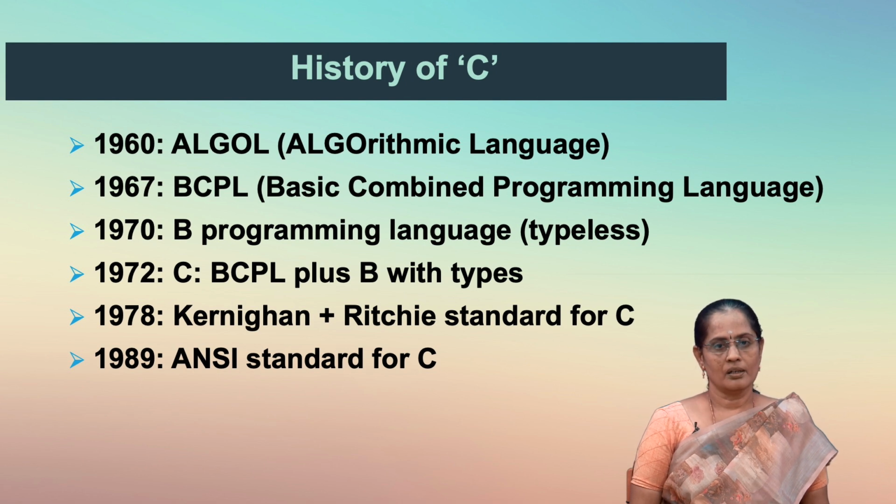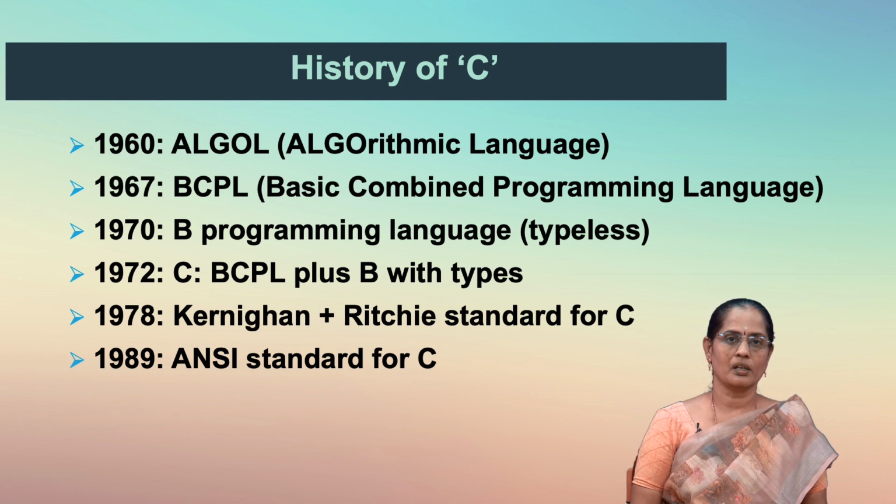And BCPL, Basic Combined Programming Language, was introduced in 1967, which is actually meant for computing. Some basic computing operations can be performed by BCPL, but then the B language was introduced, which was a typeless programming language that is not able to differentiate the data types.